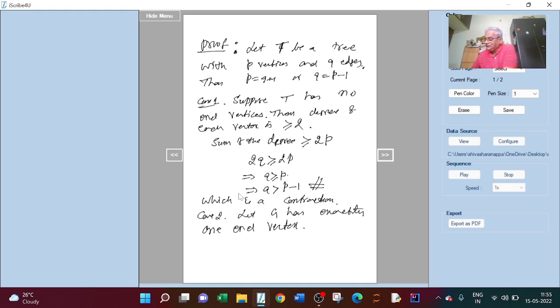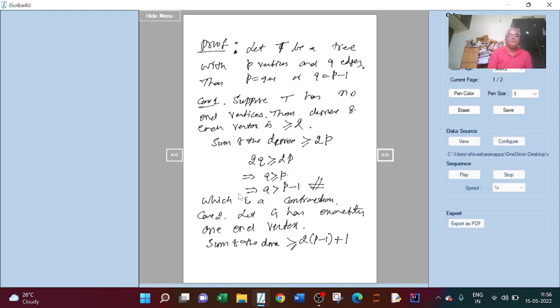So again we write here, the sum of the degrees is greater than or equal to 2 into P minus 1, since P minus 1 vertices have degree at least 2, plus 1, since one vertex is of degree 1.